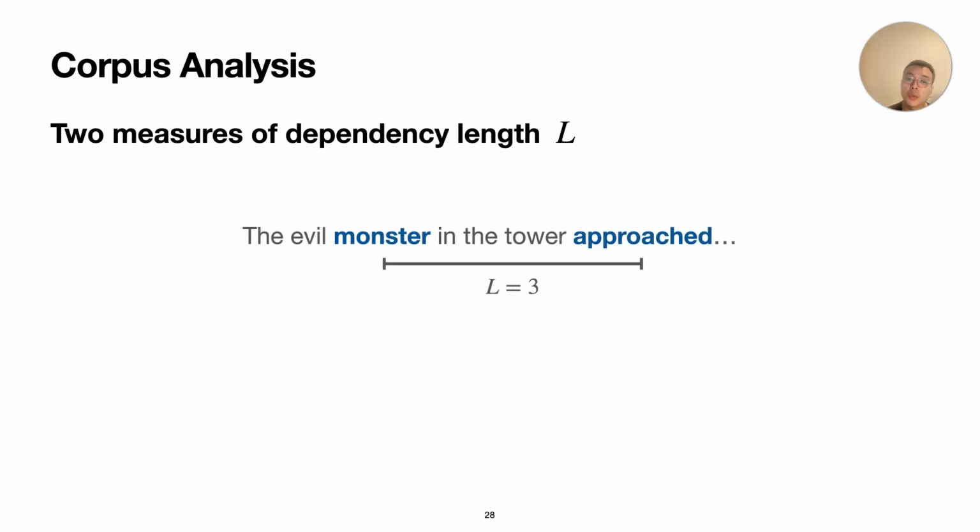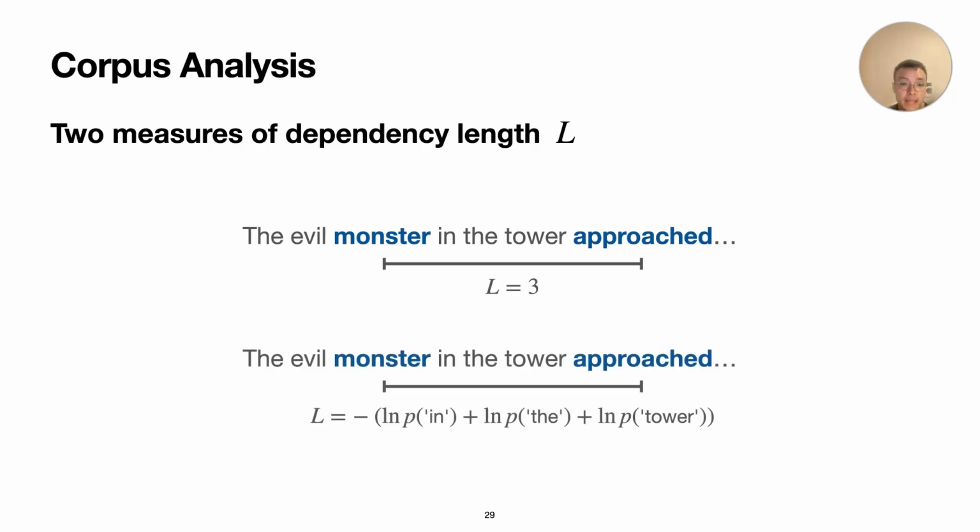We implemented 2 ways to measure the dependency length. The first measure is quite intuitive, which is the number of intervening words between the subparts of a dependency. The second measure is the sum of surprisal for all the intervening words. Presumably, linguistic units with different informativity do not induce memory interference to the same extent.